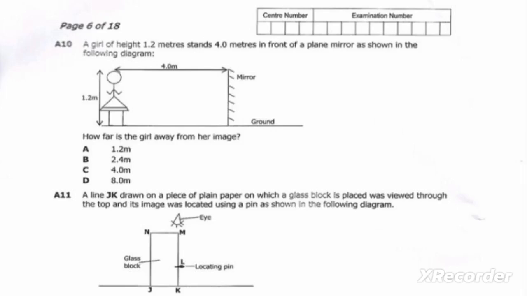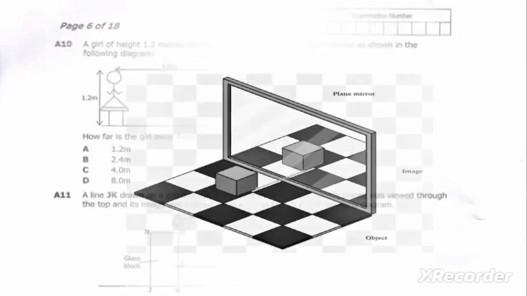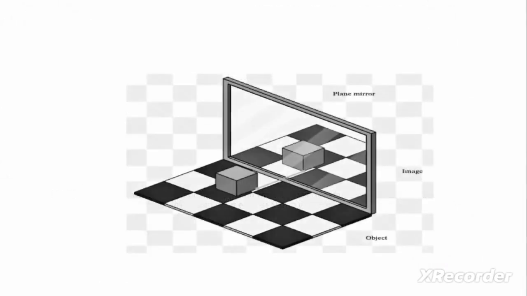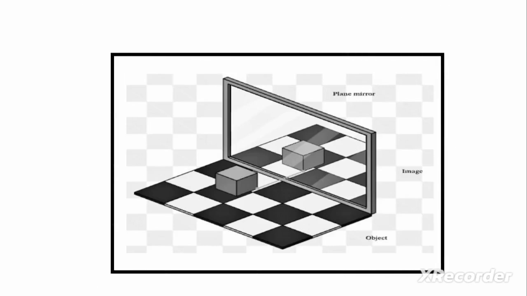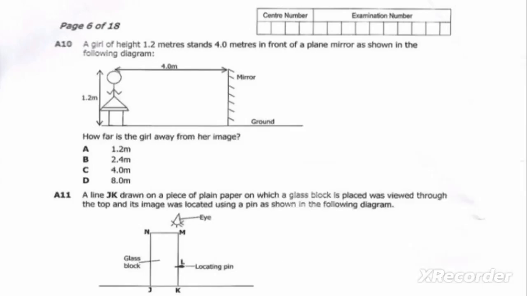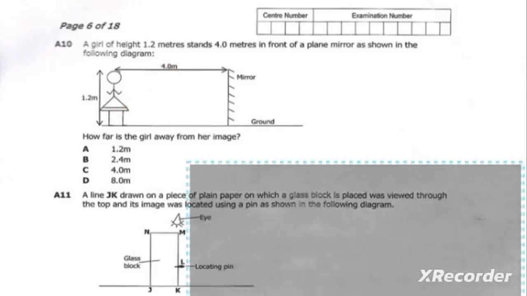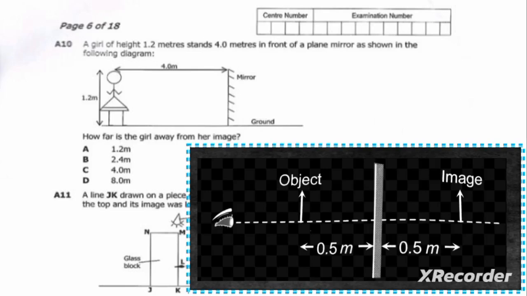To understand this question fully, the first thing we need to understand is that the distance between the object and the mirror is equal to the distance between the mirror and the image. We have seen that the distance between the mirror and this girl here is 4 meters. So therefore, the distance between the mirror and the image of the girl is also 4 meters.